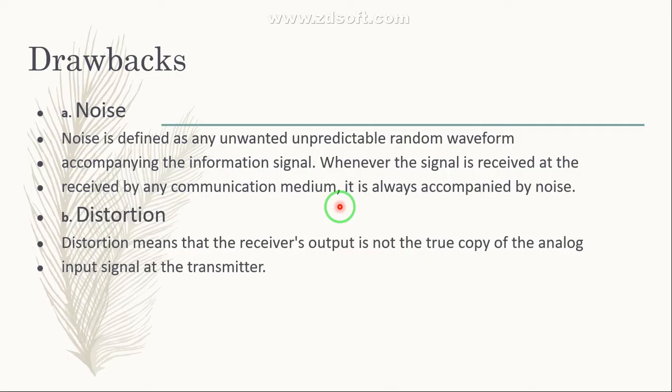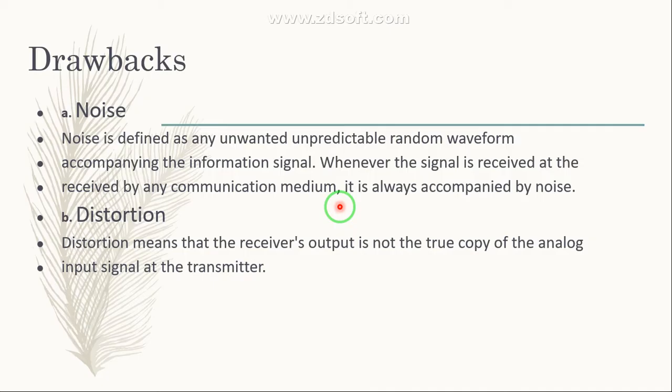It means the output waveform is not exactly a true copy of the analog signal. In this study we have done the practical on the kit, but in real time applications, if we transmit it, there are a lot of possibilities of noise in the transmission medium.